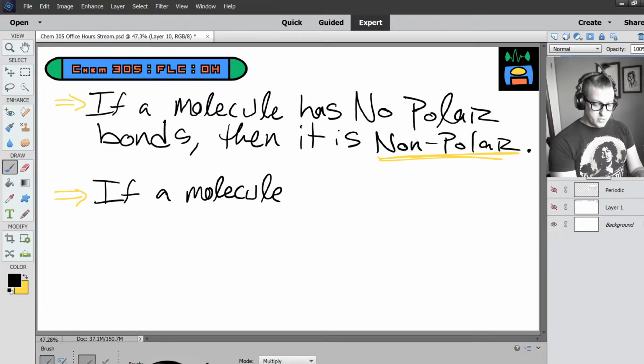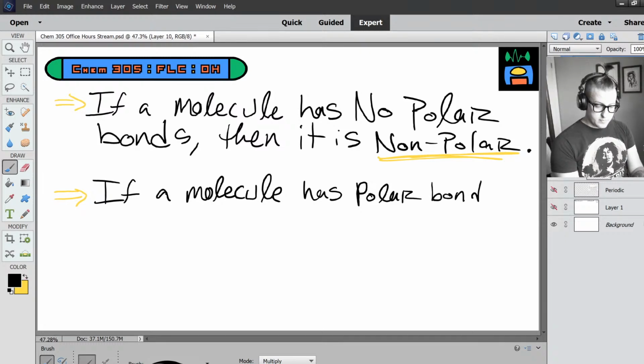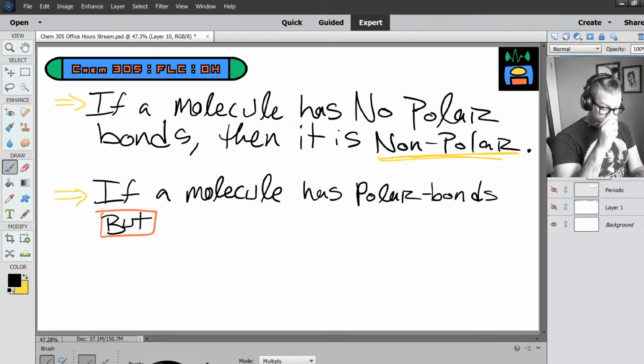If a molecule has polar bonds, but this is a big but.